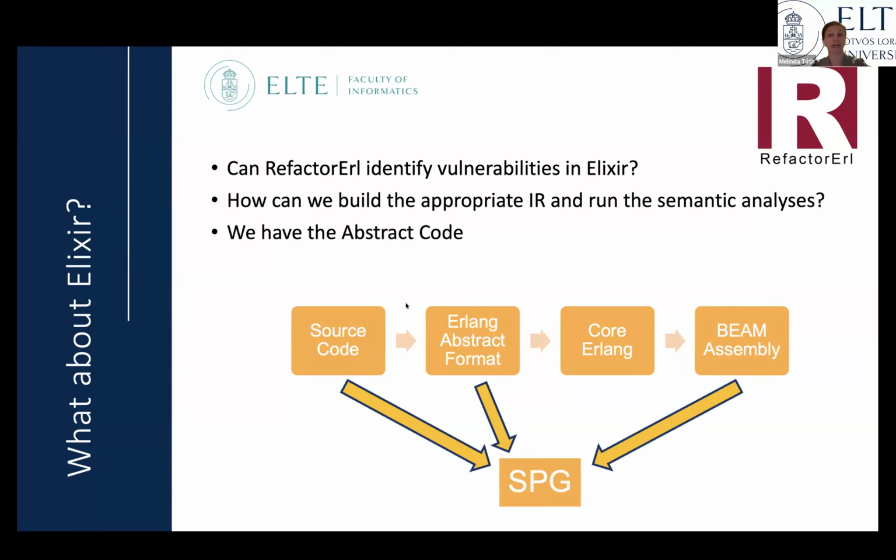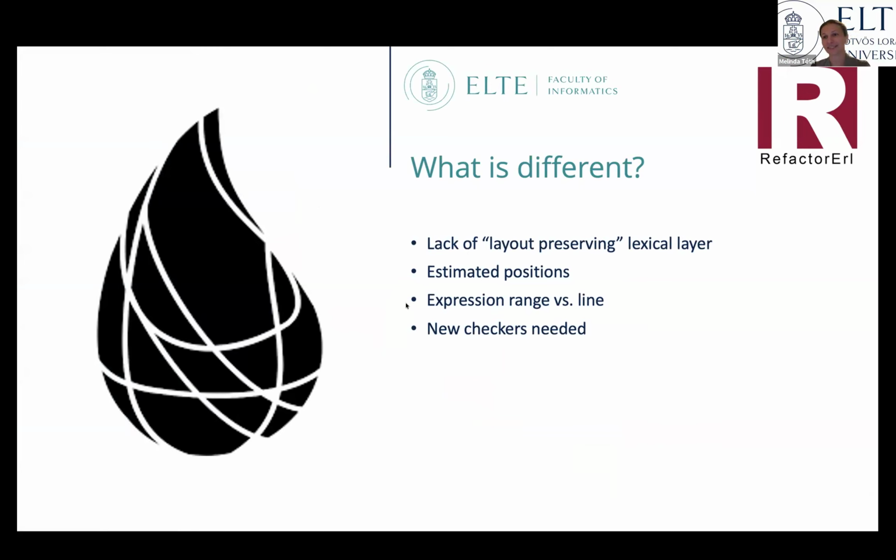For example, there are lots of string interpolations that compile to a binary_to_atom function call during the compilation, so we can immediately spot it. We have the Erlang-ish representation, a binary_to_atom, so that's potentially vulnerable. We just apply the same security analysis on it, and we can spot it.